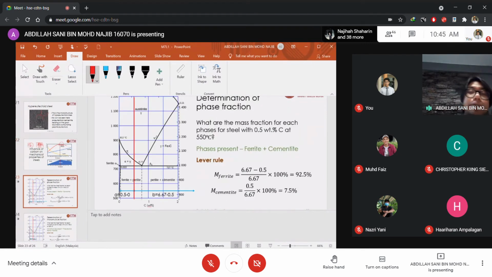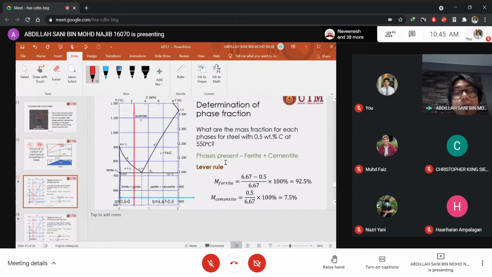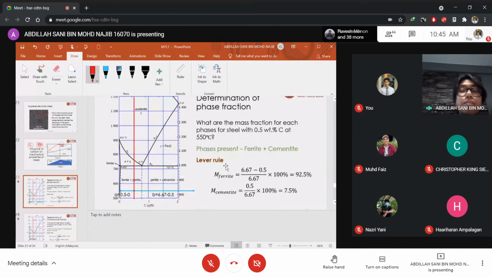Okay, and yes, this is some calculation. I think we are already getting used to this, what we call the lever rule. Using the lever rule, we will know how much is the ferrite and how much is the cementite.